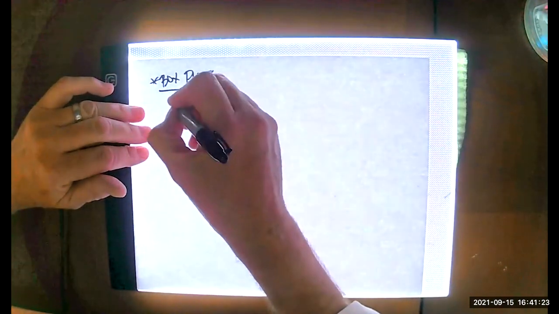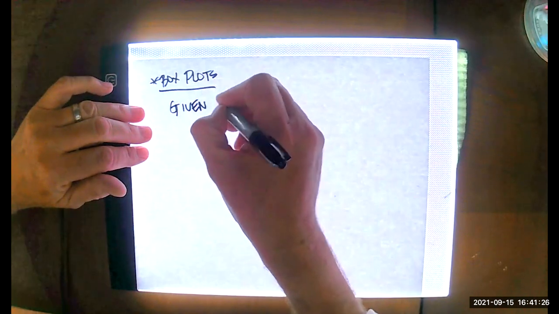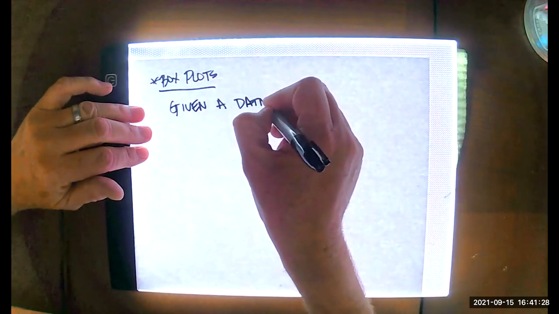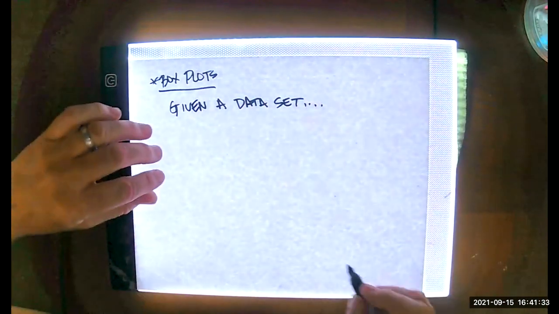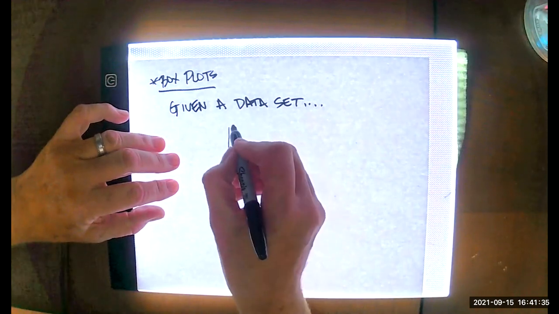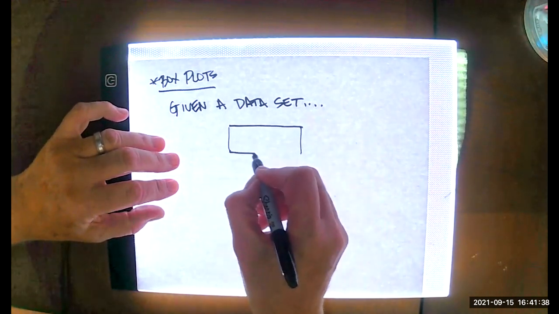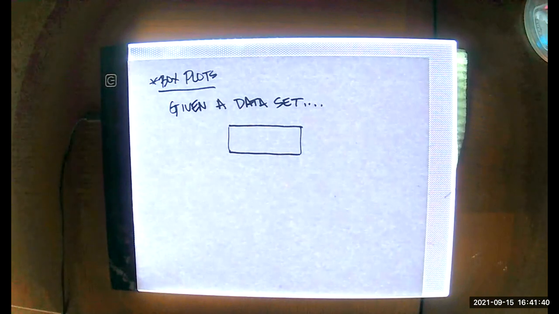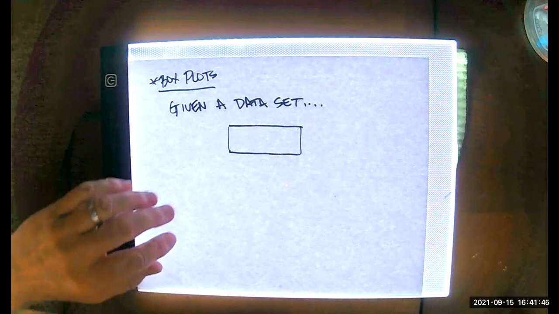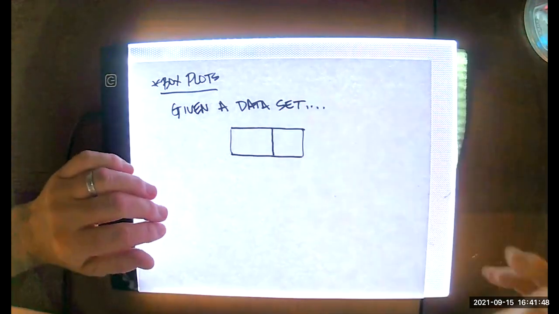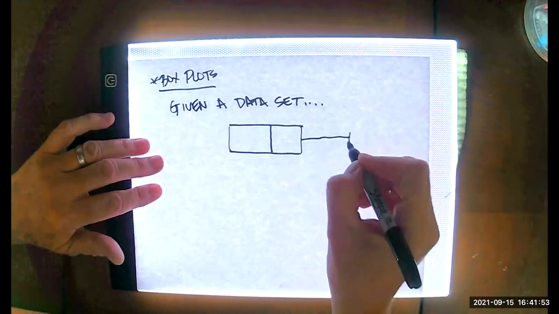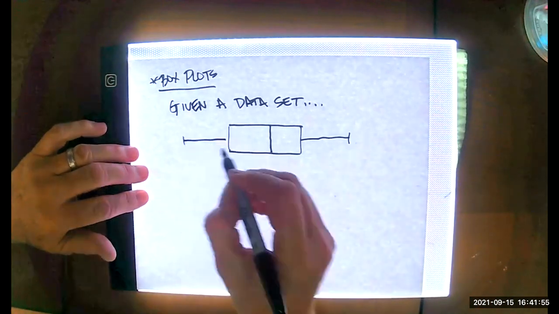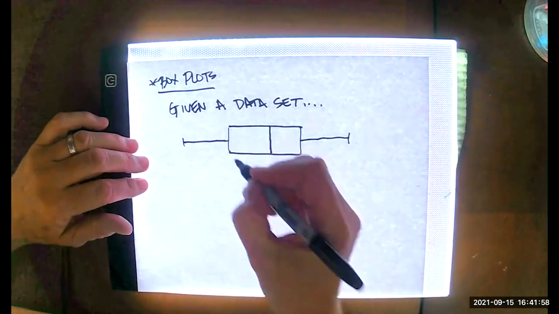So if we're given a data set, a box plot starts with a box. There's a line somewhere in that box. And then it's got 2 lines coming out from the left and the right side of the box, as you see.